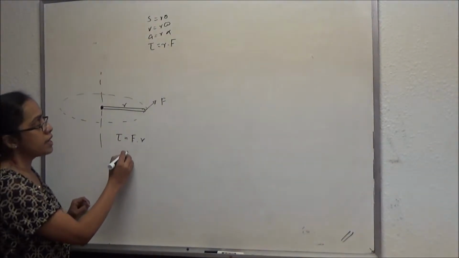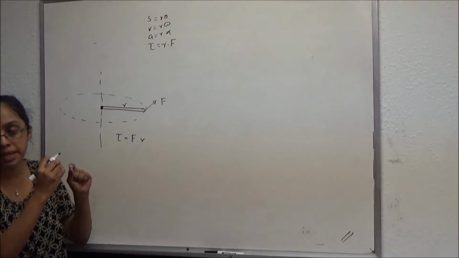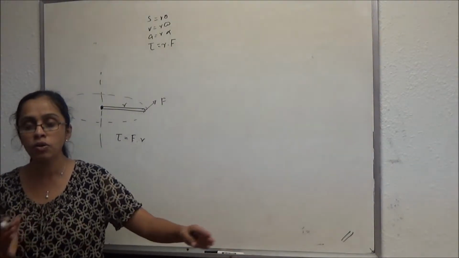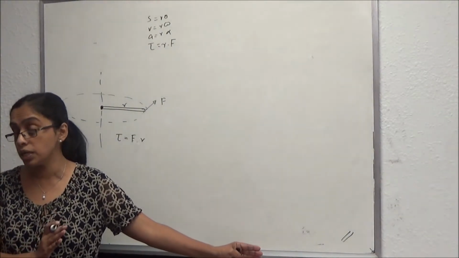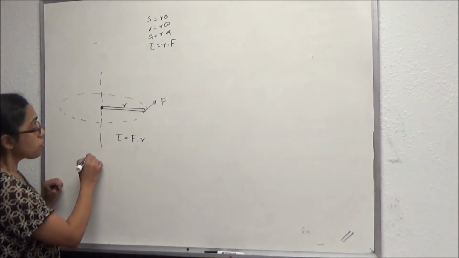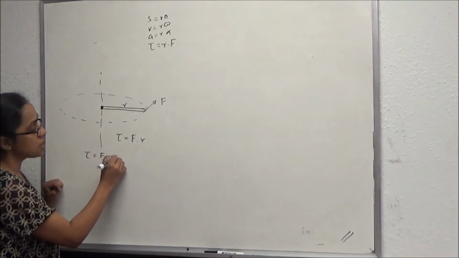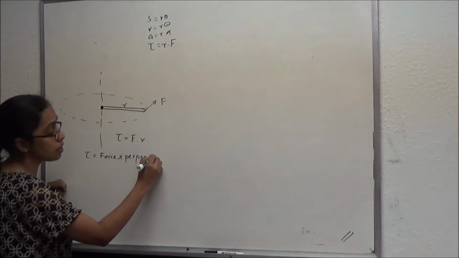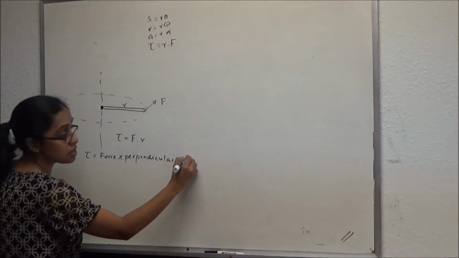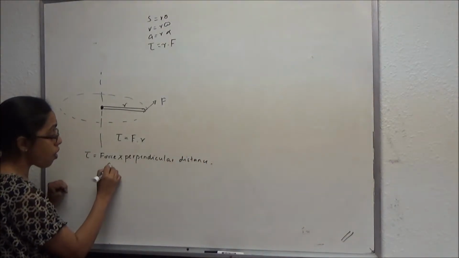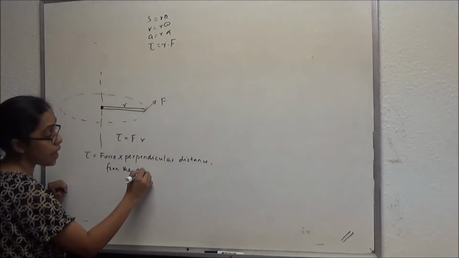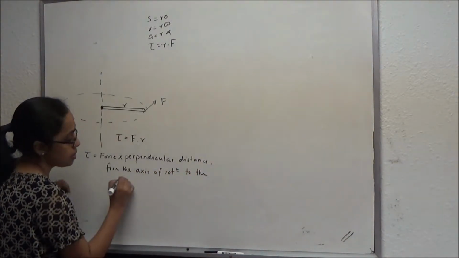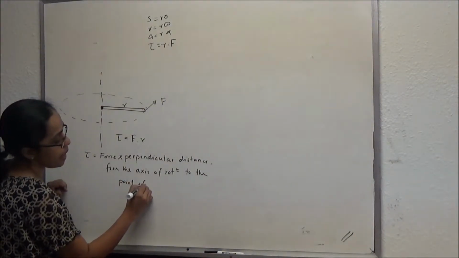So torque is force into displacement. It's not the displacement that we talked about when we were describing work. Torque is force into the perpendicular distance from the axis of rotation to the point of application.